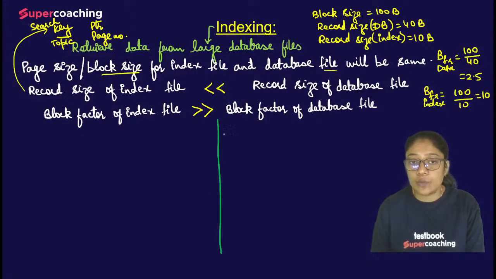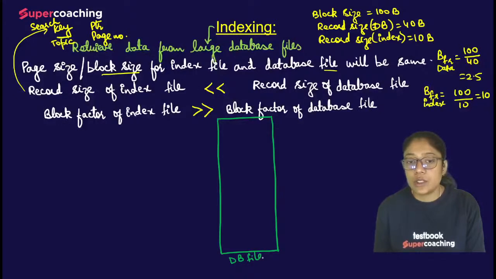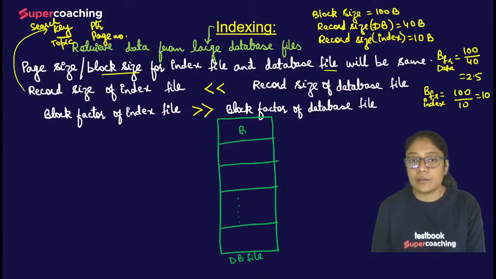So let us assume that this is our database file. This is the database file which is divided into the blocks: block 1, block 2, block 3, and so on up to block n. And here we have an index file.